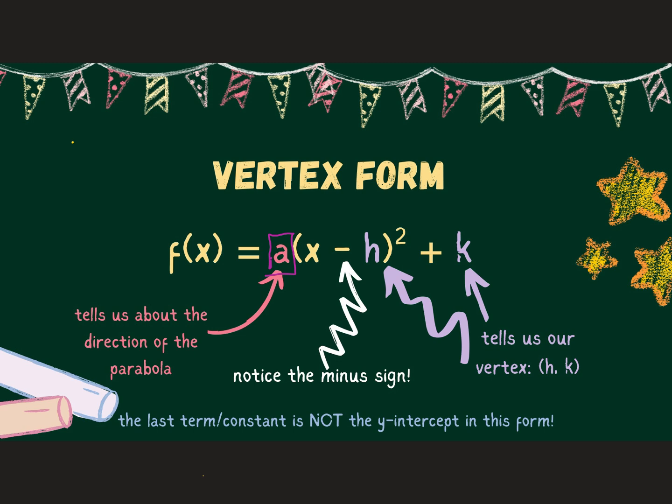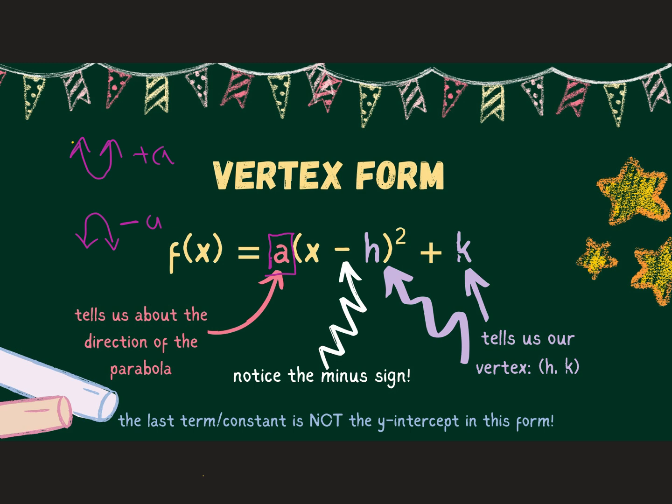A good rule of thumb is if a is positive, remember positive makes us happy, so our parabola is going to open up. And if our a value is negative, well, negative makes us sad, so that is going to be a parabola that opens down. Very similar, exactly the same as that a value in standard form.